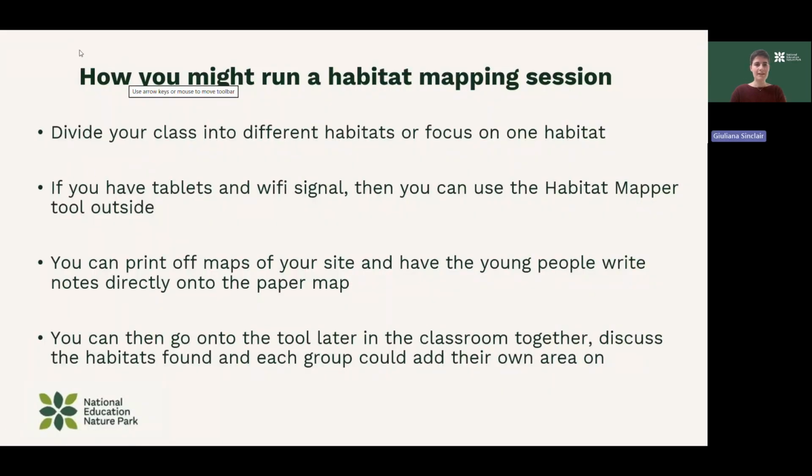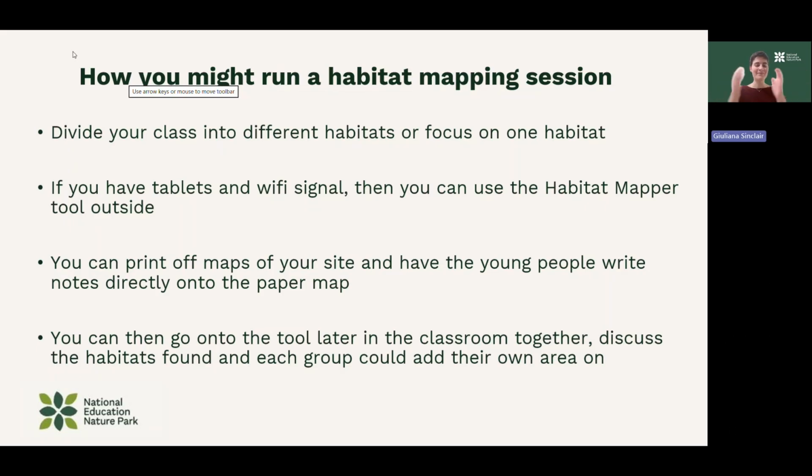And a few ideas on how to run a habitat mapping session in practice. There's no right or wrong way to do this. A few examples are that you might divide your class into different habitats, or if you have one large habitat, you can just focus on that and have different subgroups of the class decide if they all agree on the type of habitat or not. You can get younger learners to map the habitat and older age groups to also map the habitat.